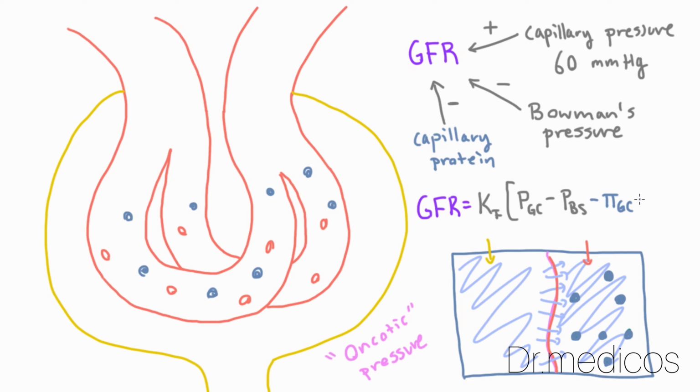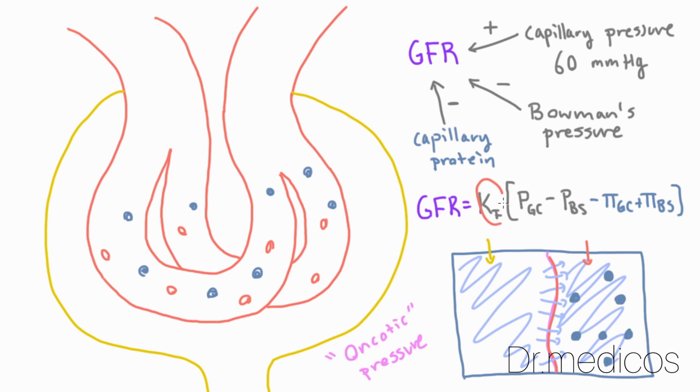And then technically we add this term plus the oncotic pressure of Bowman's space. And the reason we add that is that technically, if you had proteins out here in Bowman's space, they would drag more fluid into Bowman's space and increase your GFR, but normally you don't, you shouldn't, so normally this term would be 0.